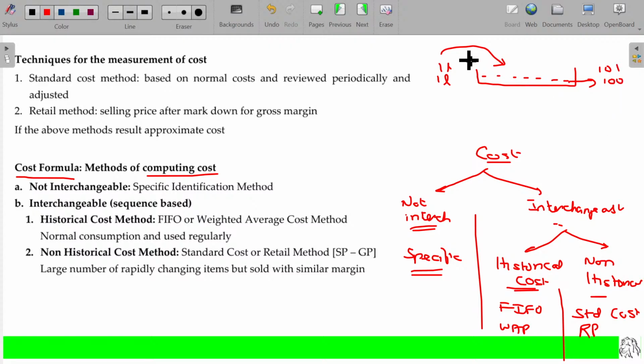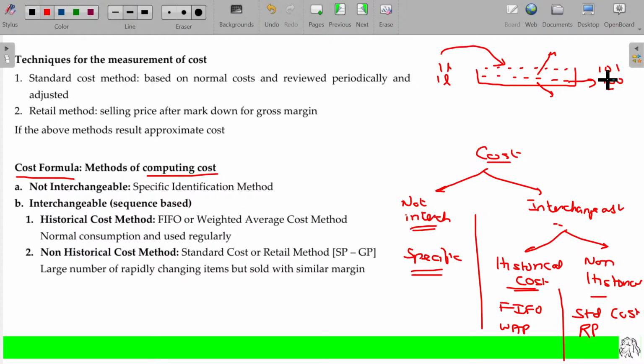Now, can you distinguish the petrol in the tank as petrol purchased for 101 rupees or petrol for 100 rupees? No, it gets mixed. If you pump out 1 liter of petrol from this tank, we cannot guarantee whether it is 100 rupee petrol or 101 rupee petrol. Petrol got interchanged.